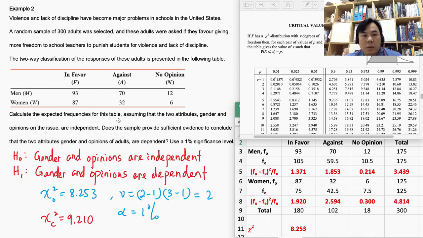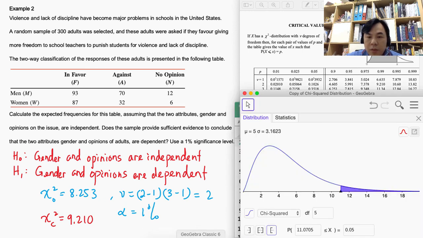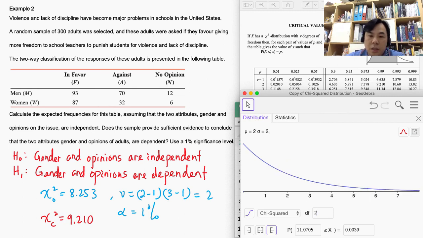Okay. So now let me get my graph on this, so it's easier to refer to. So you can see that degree of freedom is 2 now. Okay, so just let me change that, and then the level of significance is 1%, so that's 1% to be precise there. All right, and then you can see that the critical is somewhere here, so that is the critical chi-square.